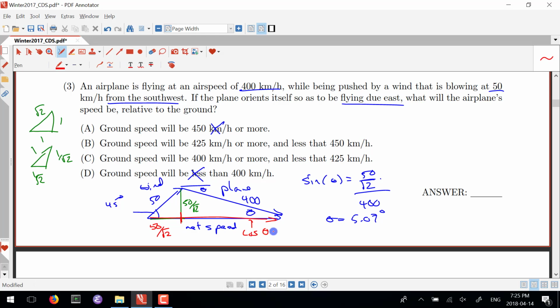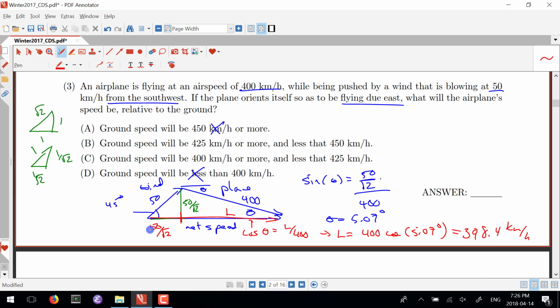We're going to have cos theta equals this length, let's call it L, over 400, or that length is going to be 400 cos of 5.07 degrees. One of the rare times where we can use degrees rather than radians in a calculus class, and that gives us a surprisingly high 398.4 kilometers per hour.